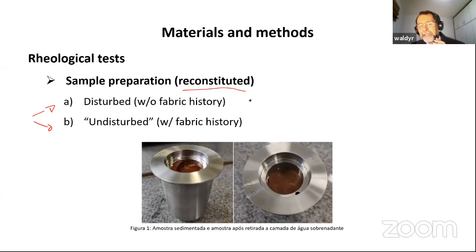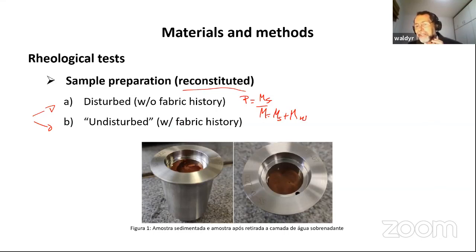The one that I just set a goal as far as the solid concentration, and got there, just mixing water and solids. So there is no history, no fabric, no structure.